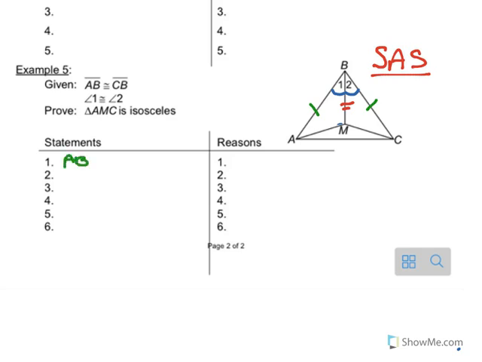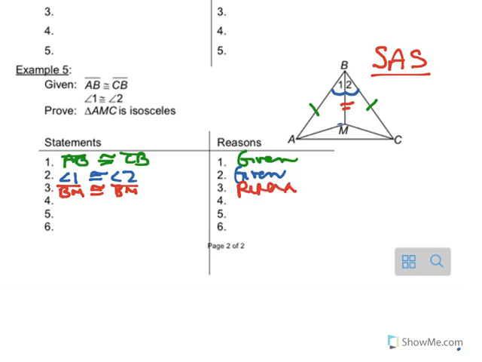So let's say AB is congruent with CB. And how do we know that? Given. And then we can say angle 1 is congruent with angle 2. How do we know that? Given. And then we can say side BM is congruent with BM. How do we know that? Reflexive property of congruence.